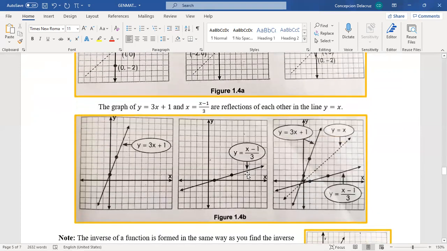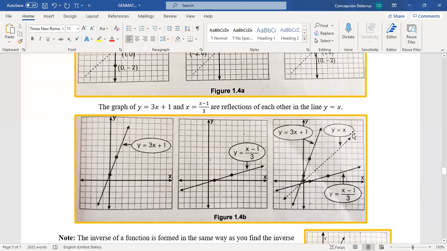Another example, let's find another example. Just like this one, this is the graph of y is equal to 3x plus 1 and x is equal to x minus 1 over 3. So this one is the graph of y is equal to 3x plus 1. And the second one is the graph of y is equal to x minus 1 over 3. As you can see, they are put together, right?